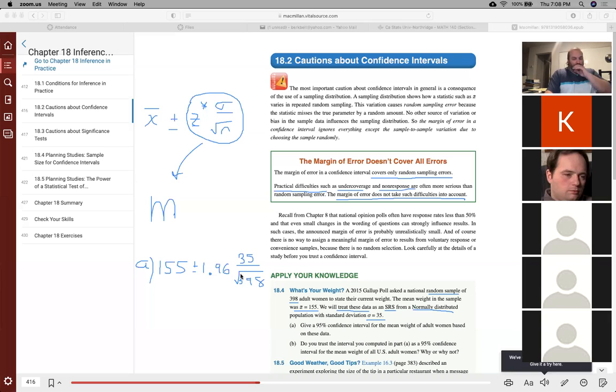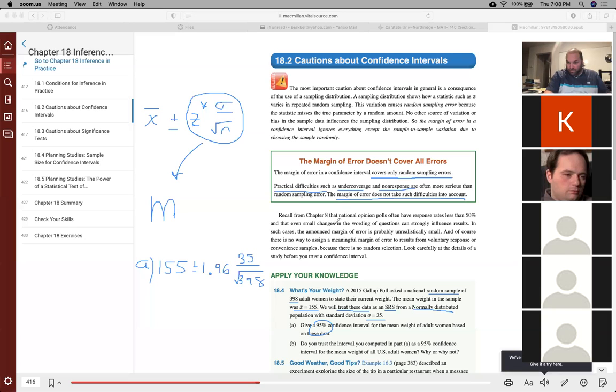But anyways, we get 1.96 because they told me that we're having a 95% confidence interval, and 95% confidence always is 1.96. On the Z table, right? You can get it from the Z table, but there was a table last chapter, maybe 2 chapters ago. 90% Z star is 1.645. 95% Z star is 1.96. 99% Z star is 2. I think it was 2.26 or something.